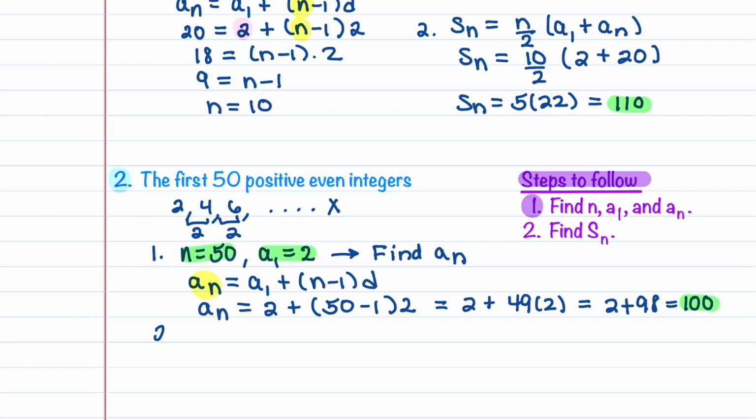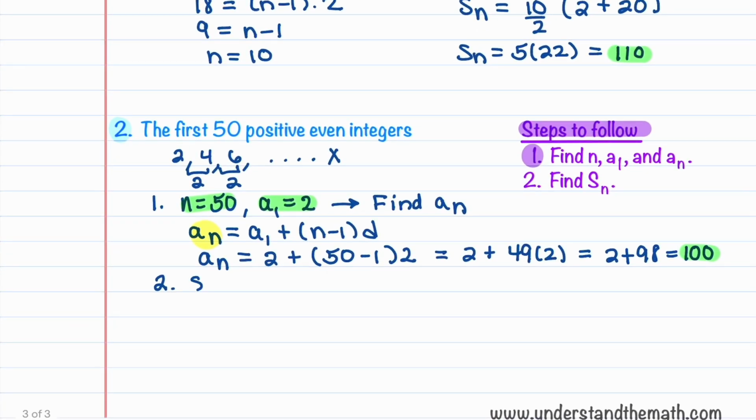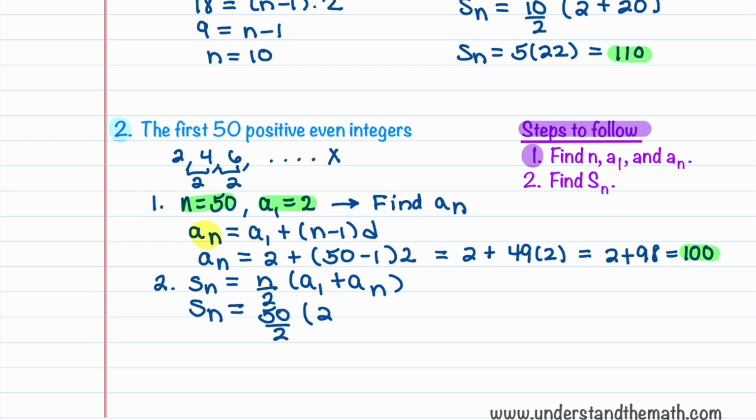Let's go ahead and write down our formula. S sub n is equal to n over 2 times a1 plus an. S sub n is then n, which is 50. So we have 50 divided by 2 times a1, which is 2, plus an, which we just found to be 100.